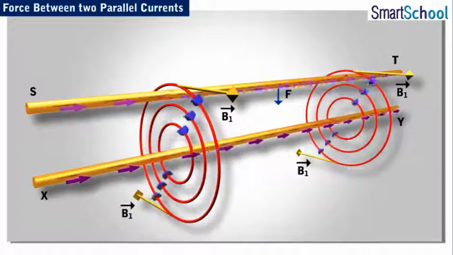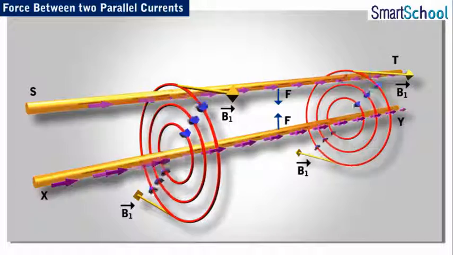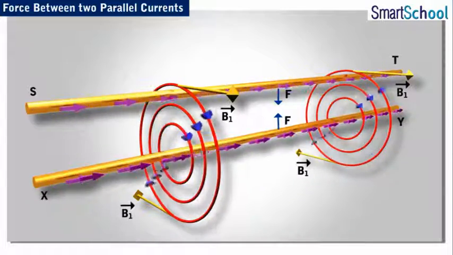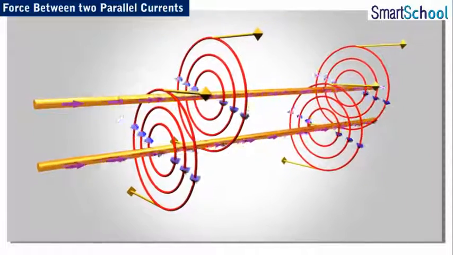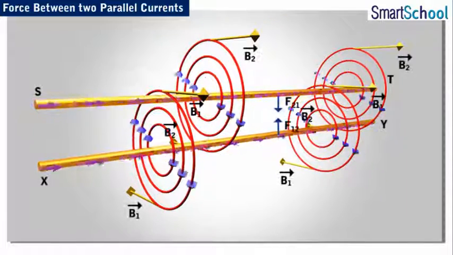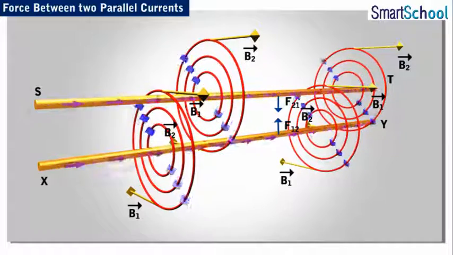This implies that there will also be a force on XY due to ST in accordance with Newton's third law. From this we can understand that two straight parallel current-carrying conductors placed close to each other exert force on each other because they lie in the magnetic fields produced by one another.